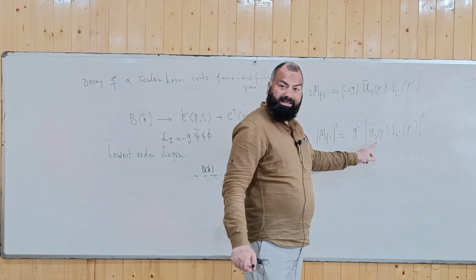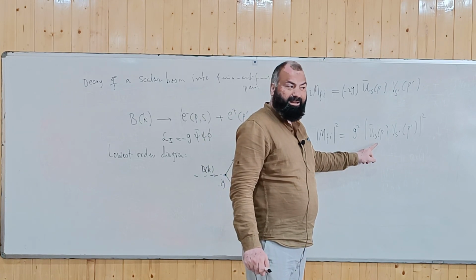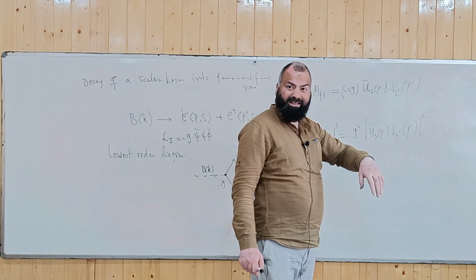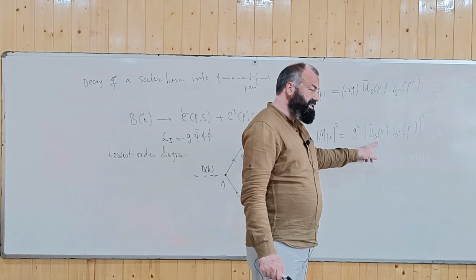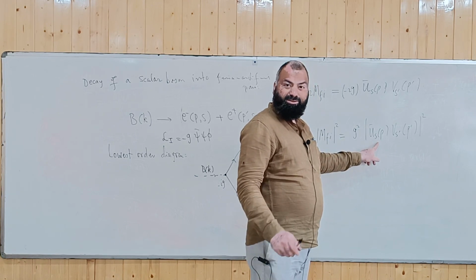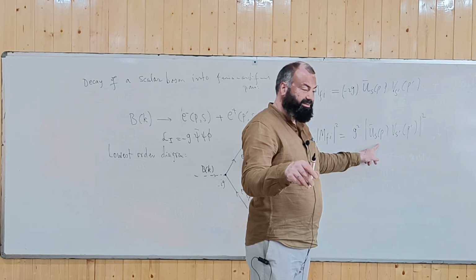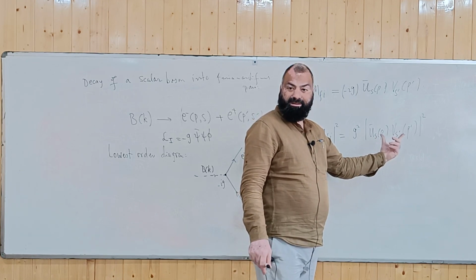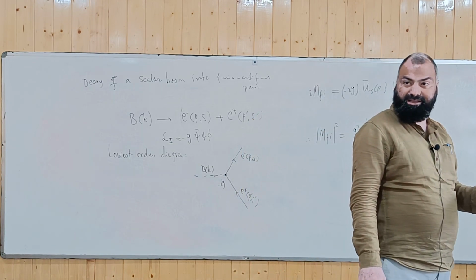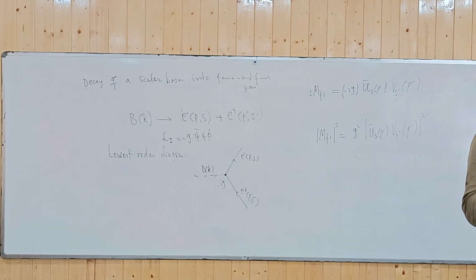What is the formula for the Dirac fermions, U is what? That column vector, and for each spin you have it. We have written the solution of the Dirac equation, because these U and V are the solutions of the Dirac equations. I know what the solutions are, then you just plug it into the integral and you get the values. So it is all for a particular spin state.